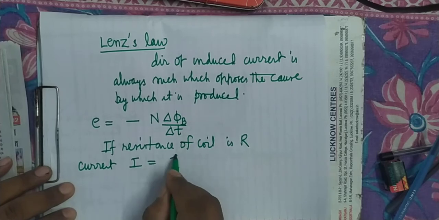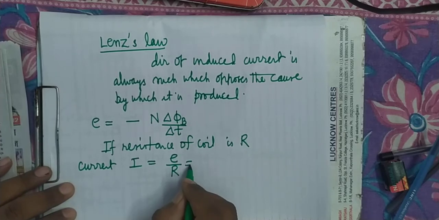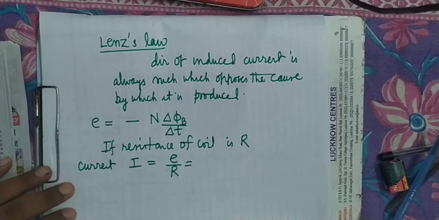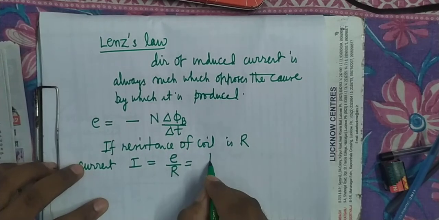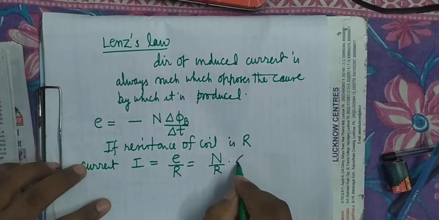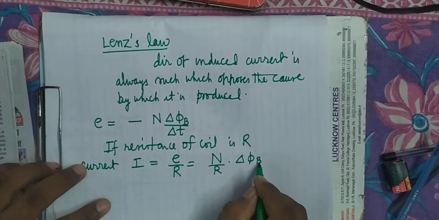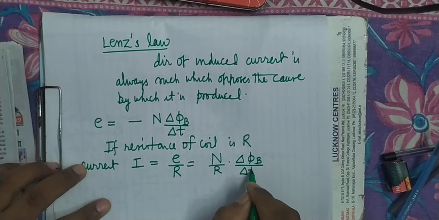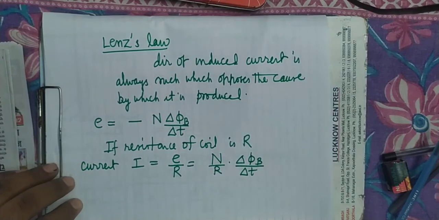I equals E upon R. In calculation, we can skip this minus sign. This minus sign is only for determining the direction of induced current. So it will be equal to N upon R into delta phi B upon delta T. So this is the induced current.